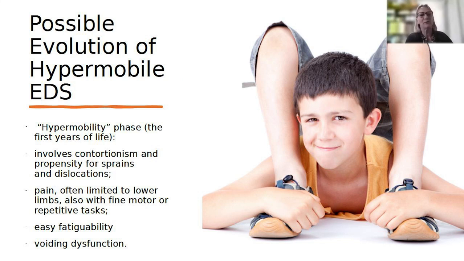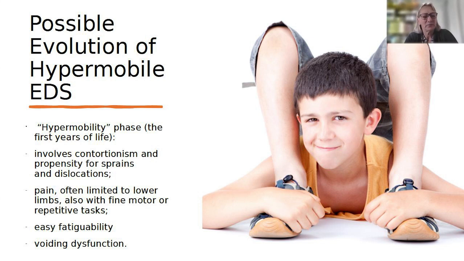Talking a wee bit more about hypermobile EDS, the most common. Hypermobile EDS is often experienced differently at different times in your life. In the first years of life, the hypermobility, the party tricks, the contortions, the dislocations are usually the most prominent feature of the condition.